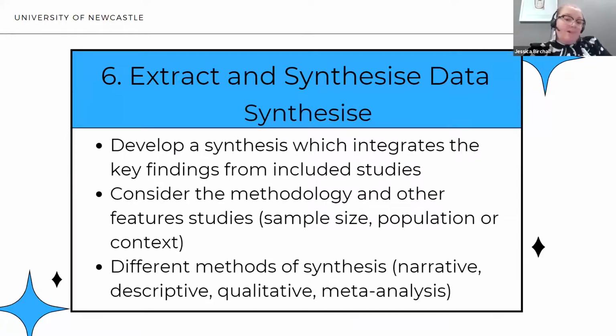To synthesize, this is a section of your review where the findings responding to your initial research question are determined. So you'll need to develop a synthesis or a critical overview, which integrates the key findings from all the studies that you've included, whilst also considering the methodological quality and other important factors of those studies, like the sample size, the population, or the context in which each one of these studies was conducted.